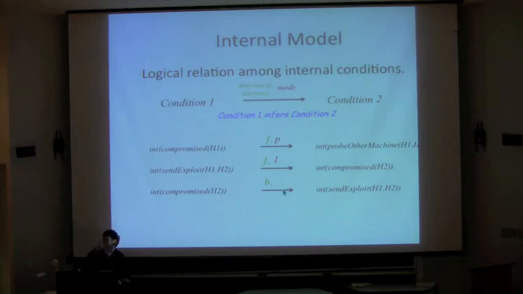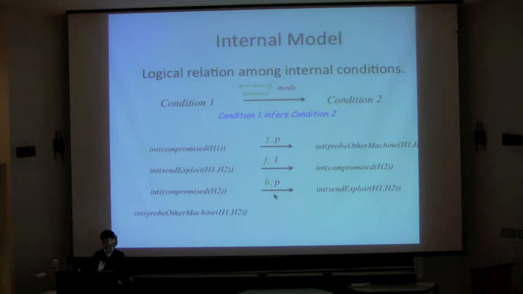If you want to figure out what has happened before that has led to this condition, you have a backward inference. And what is the strength of this inference? Well, not very high, because many ways can lead to a compromise of the machine. It could be social engineering or something else. Somebody sending an exploit is just one of those possibilities. You don't know. You have a lower confidence here.